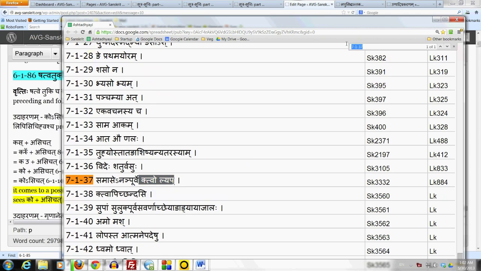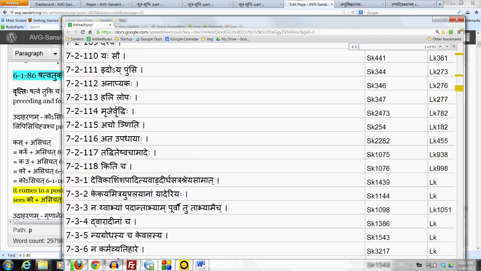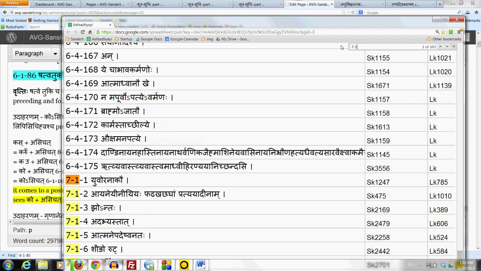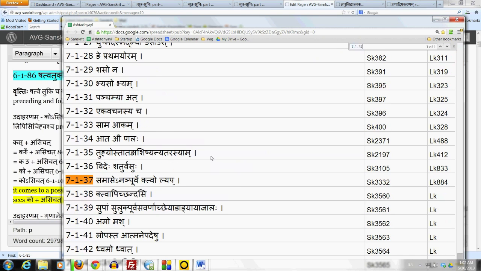The affix ktvā is a krit affix as per 3193 kridatin, and lyap, which comes in place of ktvā by 7137 samāse 'nañ-pūrve ktvo lyap, inherits the property of being a krit affix as per the paribhāṣā sūtram 1156 sthānivad ādeśo 'nal-vidhau.